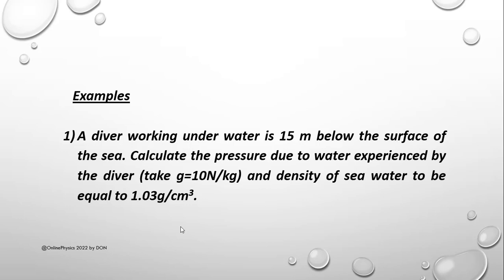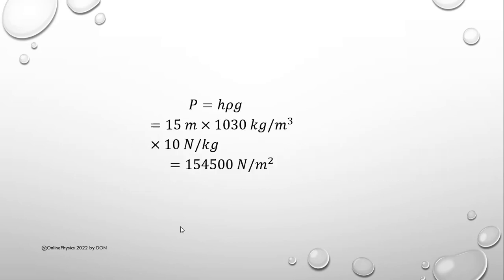Now, we've already said that pressure does not depend on the shape of the cross-section area of the container. That means that we are going to use the formula pressure is equal to height times density of the liquid times g, gravity. So in this case, we have height is 15 meters. So all of them must be in SI units.